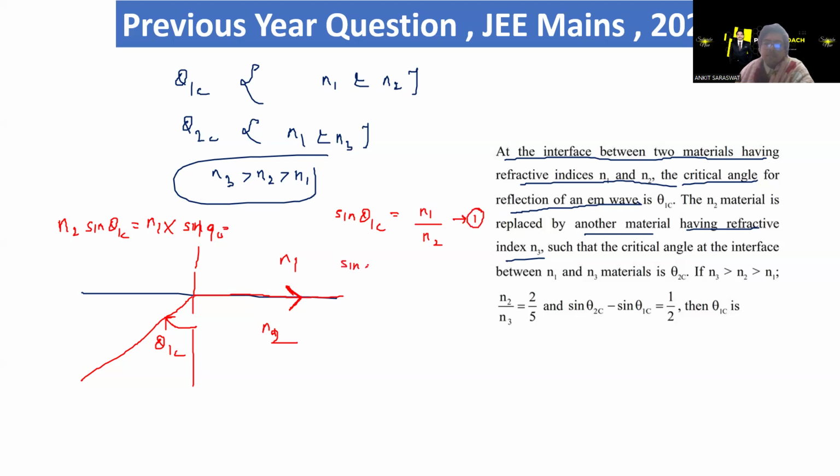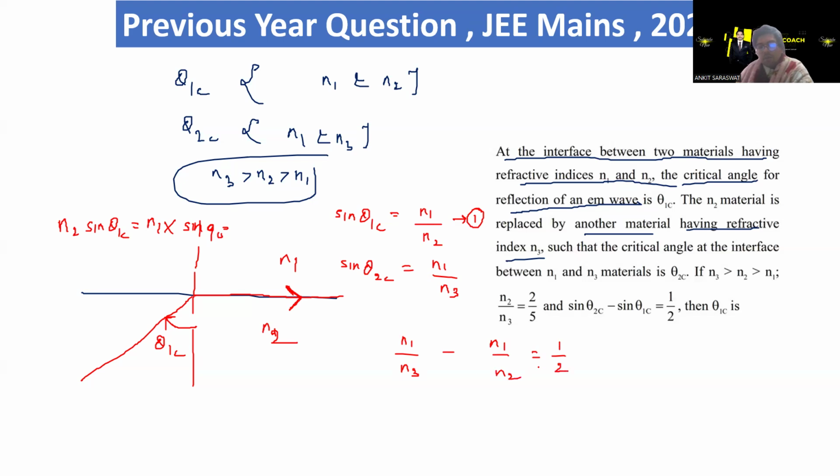Similarly, when n2 is replaced by n3, sine theta 2c will be n1 by n3. Clear? Understood or not? Now sine theta 2c, that is n1 by n3 minus n1 by n2, is given as 1 by 2.